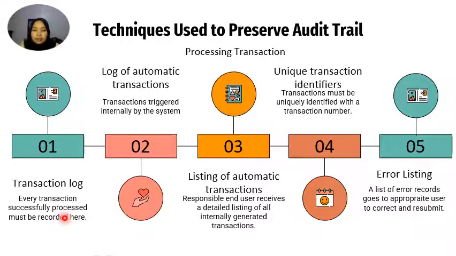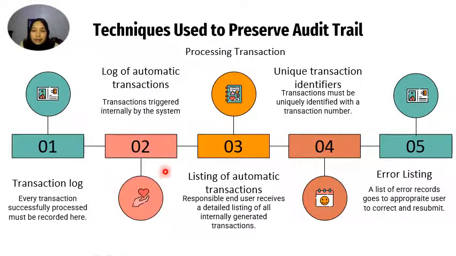As discussed in the input controls, the transaction log is a permanent record of transactions and shall only contain successful transactions. Therefore, the unsuccessful transactions shall be placed in an error file. After producing a hard copy of these listings, it shall be sent to appropriate users to facilitate the input.